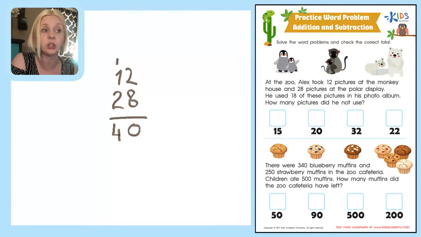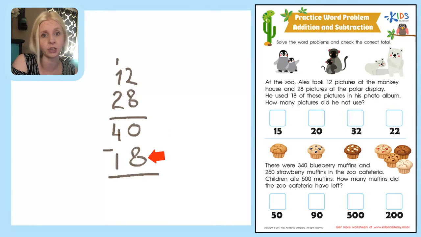But then it says he used 18 of these pictures in his photo album. So if he used them in his photo album, we have to subtract them because they want to know how many is left over. So 40 minus, now we have to subtract 18, okay? So let's set that up. So 0 minus 8. Well, you can't take 8 away from 0 because 0 is the smaller number.